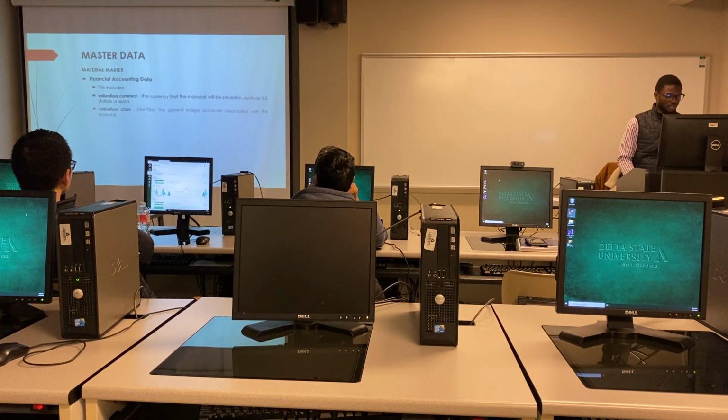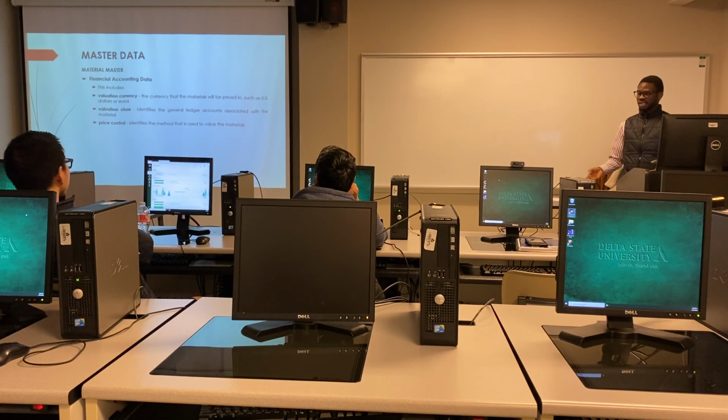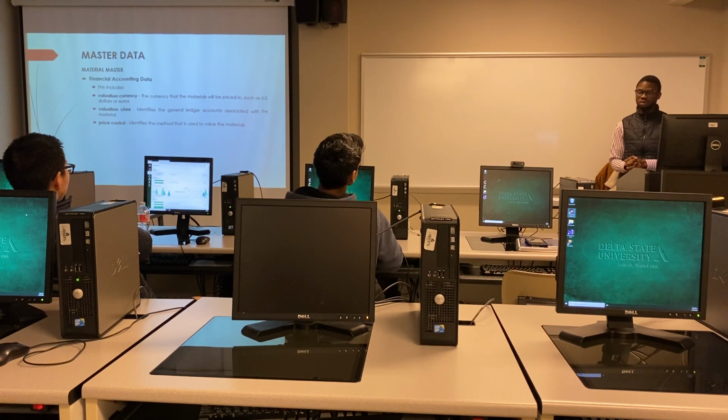Financial accounting data include the valuation currency, that is the currency at which you're operating. For instance, in the US, it's US dollars. We have the valuation class, which identifies the general ledger account associated with the material. We'll get to that shortly. The price control, which identifies the method that is used to value the materials.